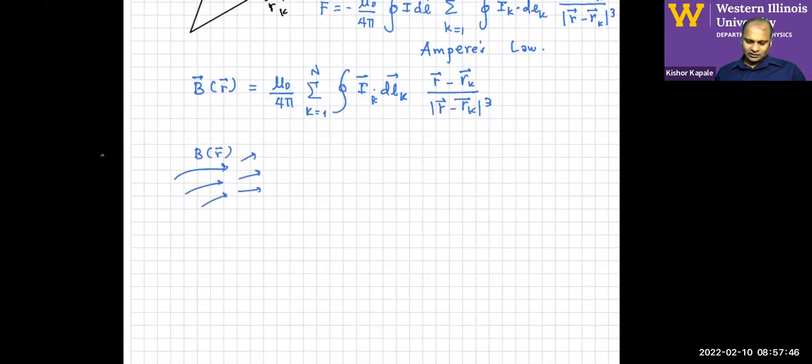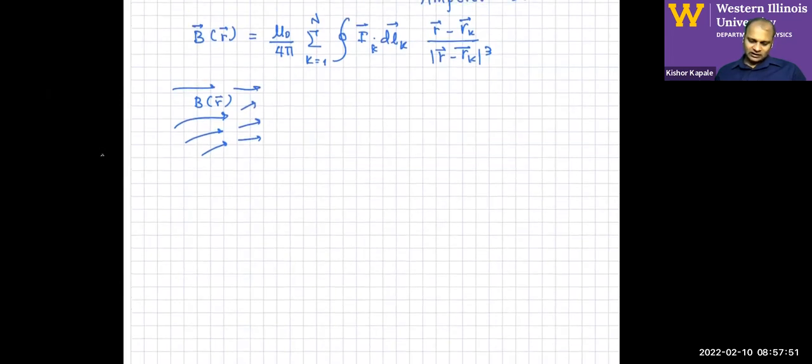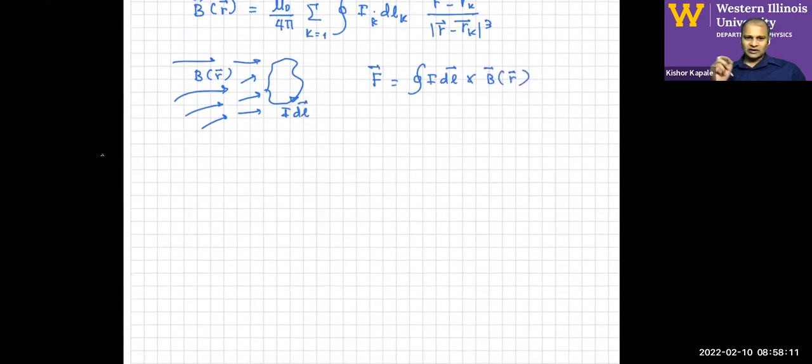I'm not very careful in designing this, but then you have this current carrying loop that's situated there, and then that current carrying loop is going to experience a force because of the magnetic field, and that force then can be written down as I dl crossed with B. And we already know this has, because of the cross product here and B itself being an axial vector, F would be a normal vector as you would expect, right?